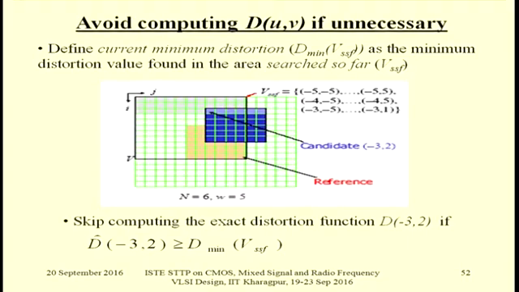Instead of doing the theoretically prescribed operation, we can perform an estimate, and that estimate calculation would be much less computation intensive than the actual operation prescribed by the theoretical calculation.